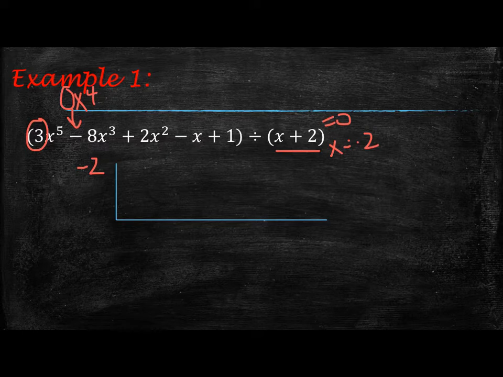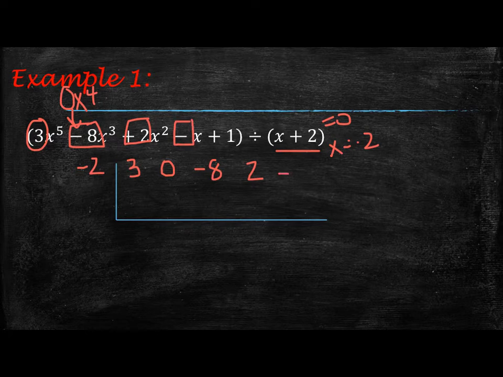So we're going to first have 3, then a 0, then x to the 3rd, so that's going to be a -8. Then we have x squared, so that's going to be a 2. And then we go to the x term, and that's -1. And then we go to our constant, which is 1.